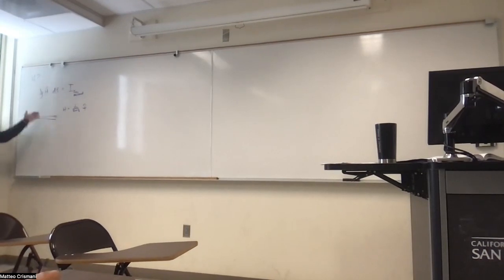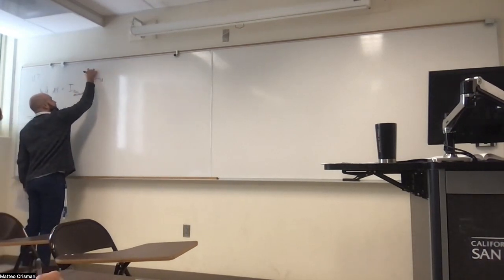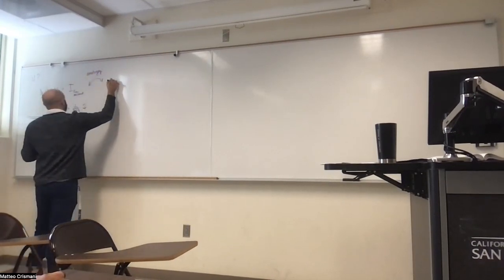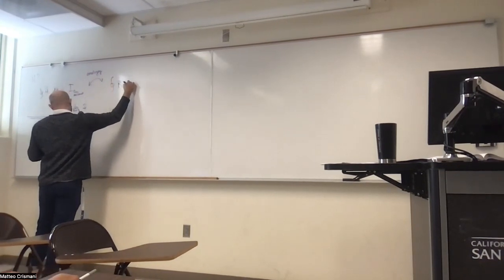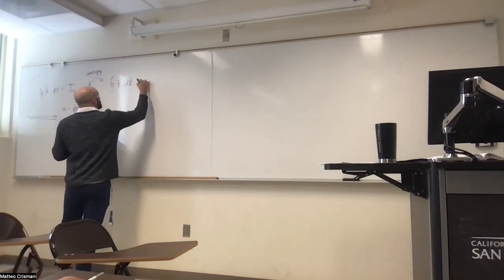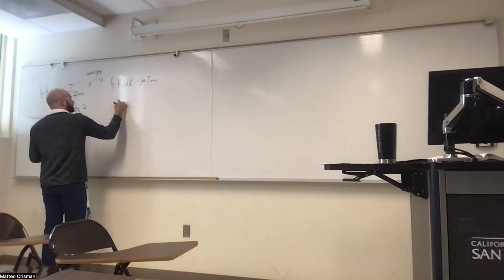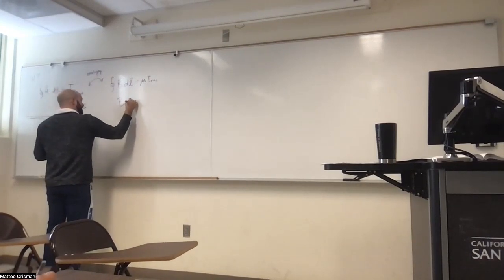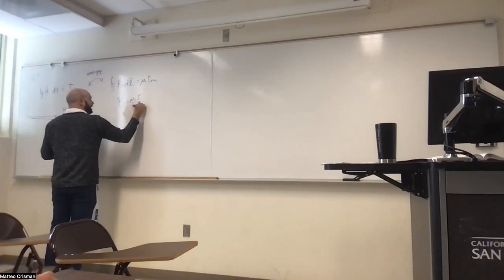And this was analogous, right? So this had an analogy to, if I do the same type of B dot dl, we've seen this before. B is just mu naught I over 2 pi s.